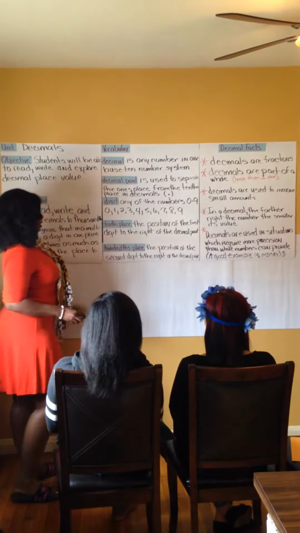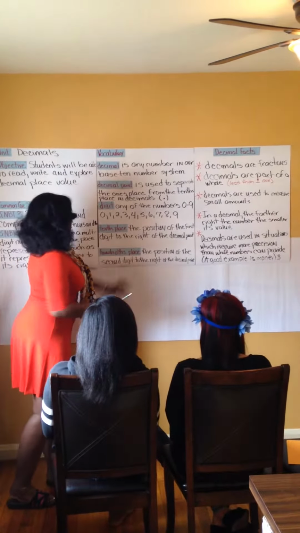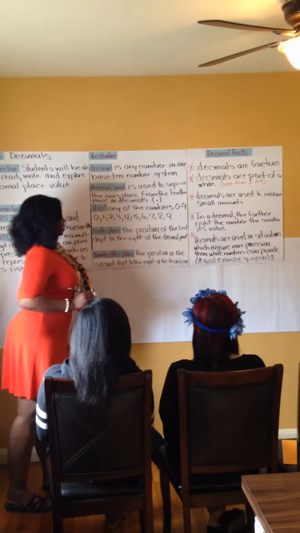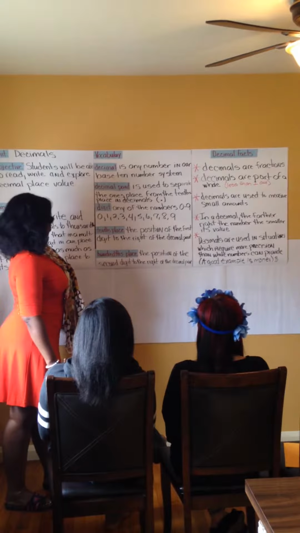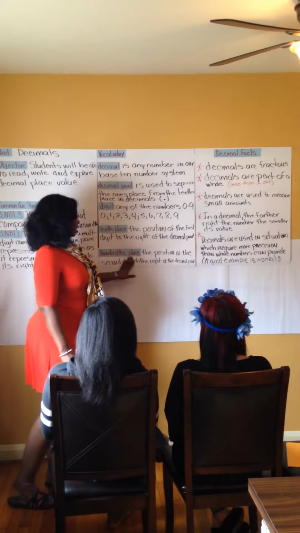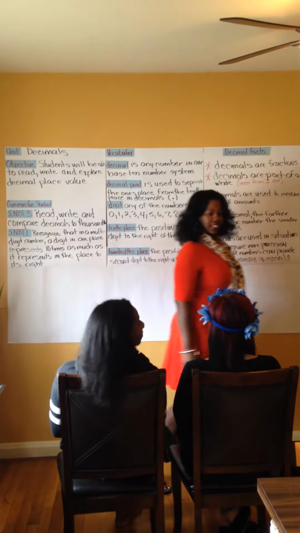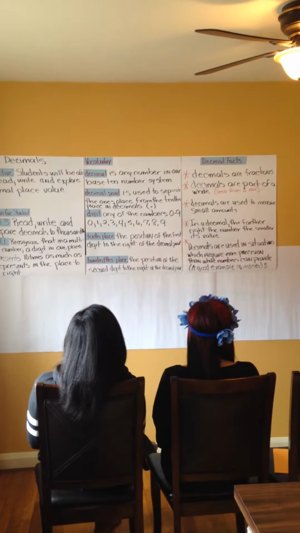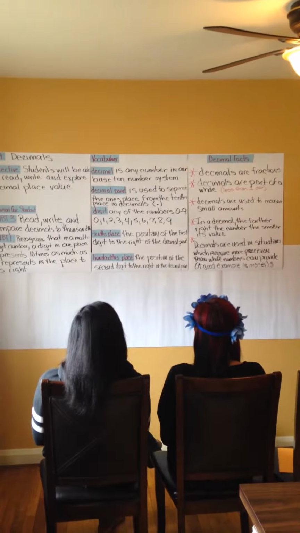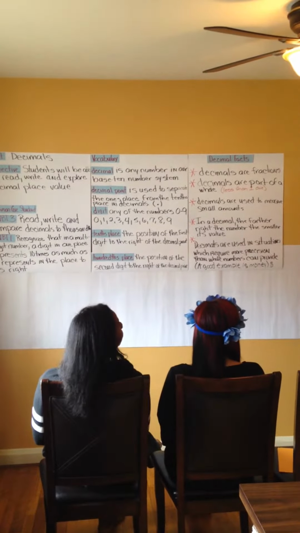Monet, read tenths place. Tenths place, the position of the first digit to the right of the decimal point. Very good. Jessica, read hundredths place. Hundredths place, the position of the second digit to the right of the decimal point. Good job.